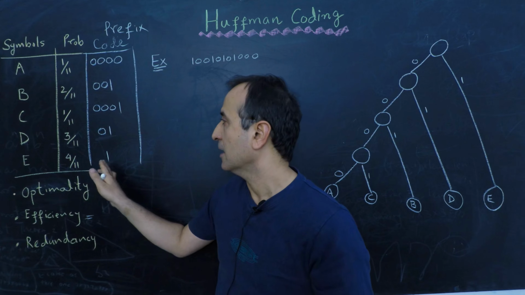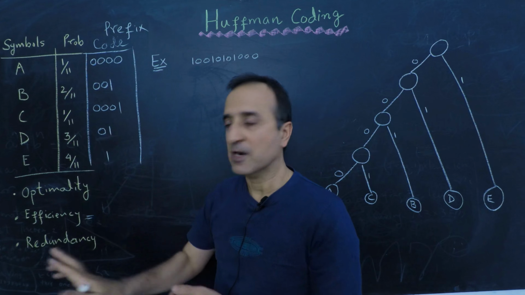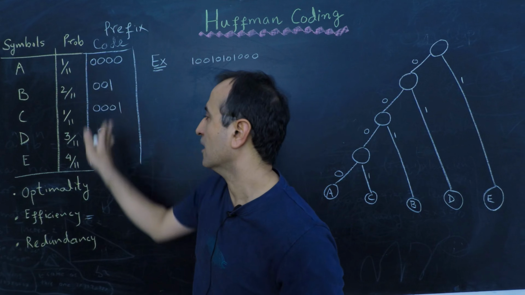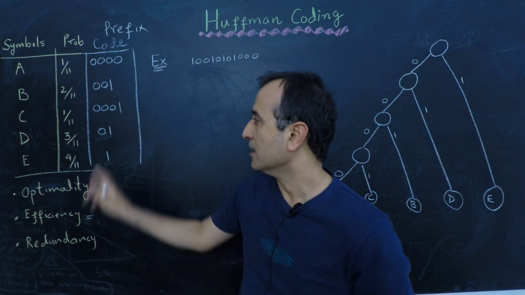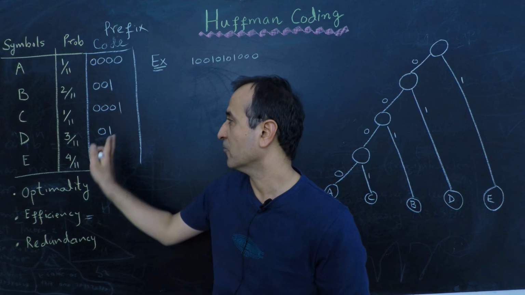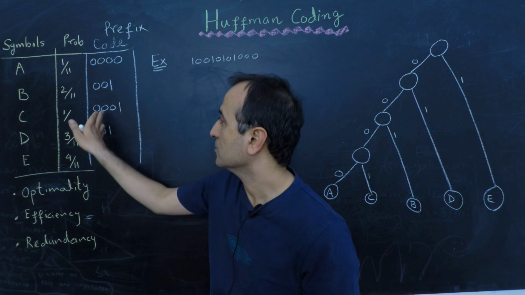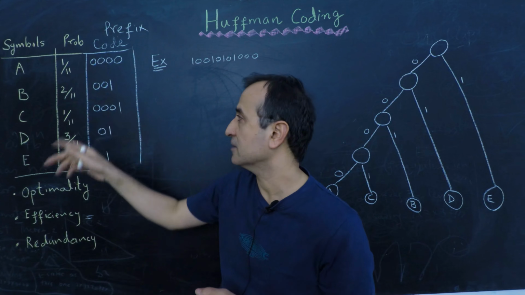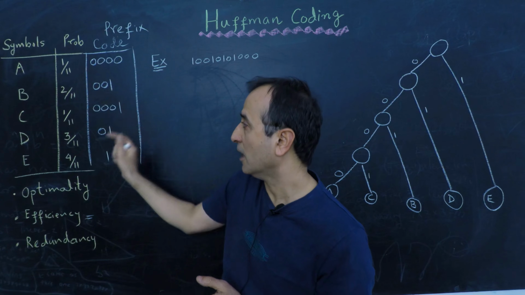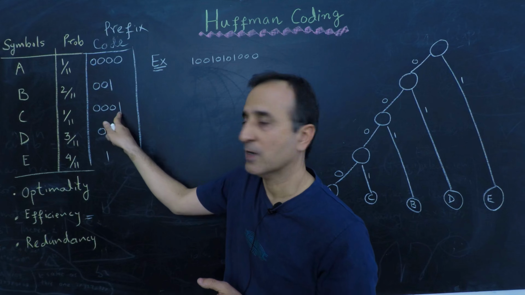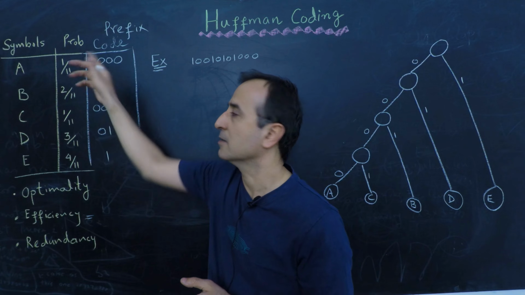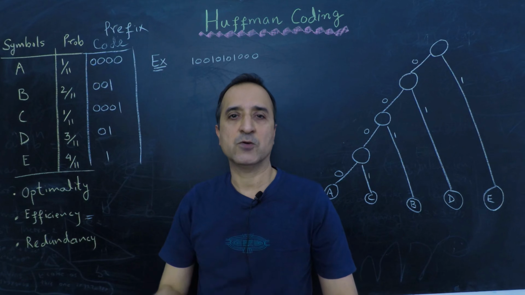In other words, no other code word can start with 1. So you can see that no code word starts with 1. Similarly, no code word can start with 0, 1 except this one. Similarly, no code word can start with 0, 0, 1. Although here is 0, 0, 1, it is not at the beginning. This is called prefix coding.